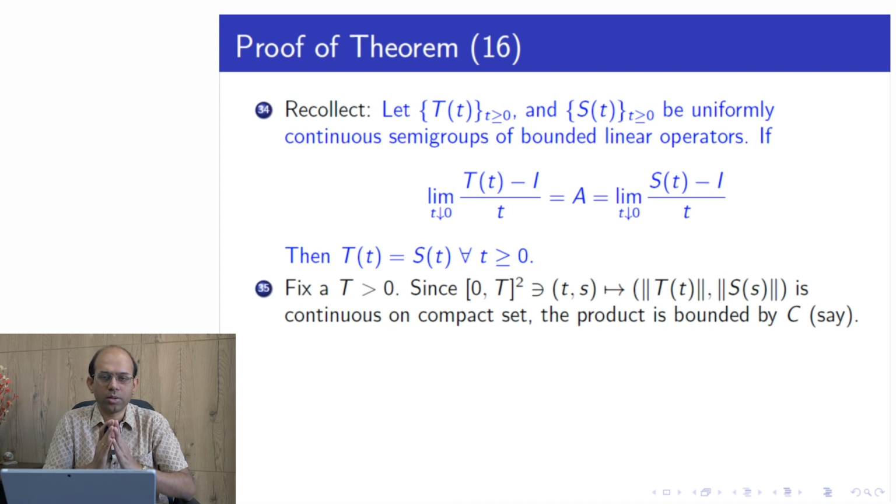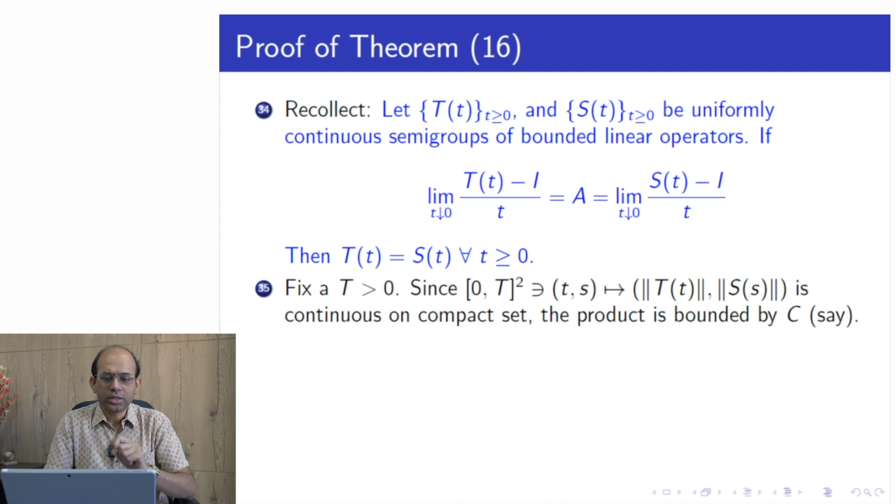That means only from 0 to some capital T. So we take a finite time horizon, which we have fixed arbitrarily, and at the end we would see that we can get rid of this finite capital T. So at present we fix one positive capital T, and then we take the closed square, that is [0, T] squared, the Cartesian product of the closed interval 0 to T.